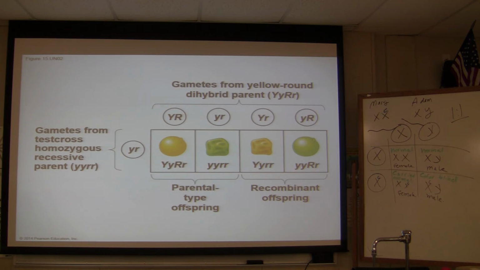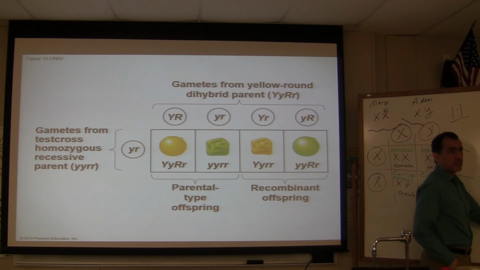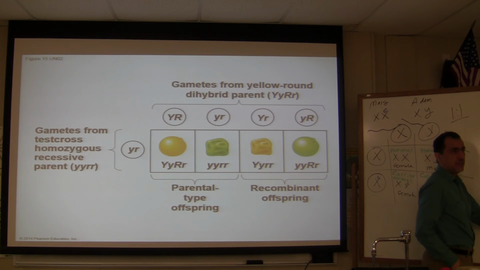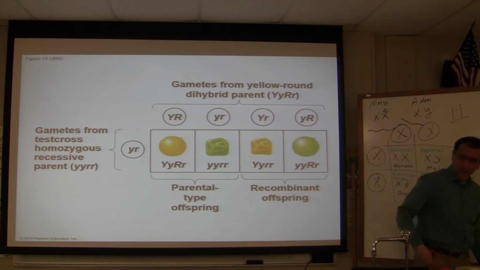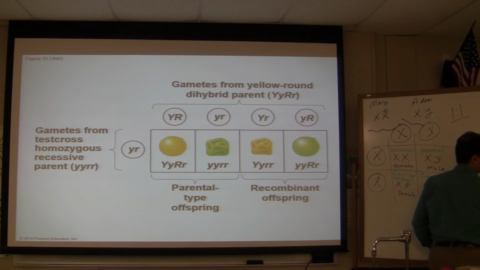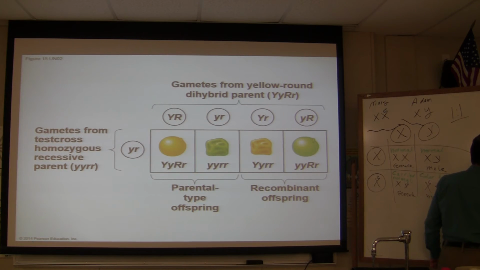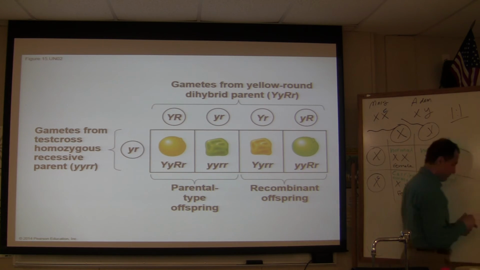The example of the X chromosome is not a good example for what we have here. Even though you can call this a recombinant one too. Yeah, sure, why not? This doesn't look like any of the parents. This is a recombinant one. That's a recombinant one.